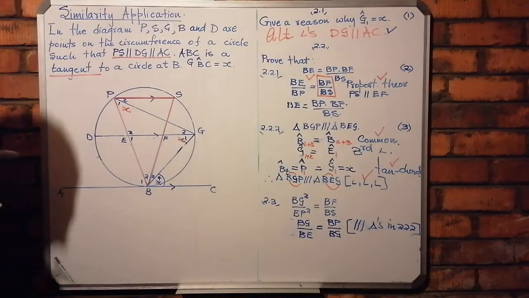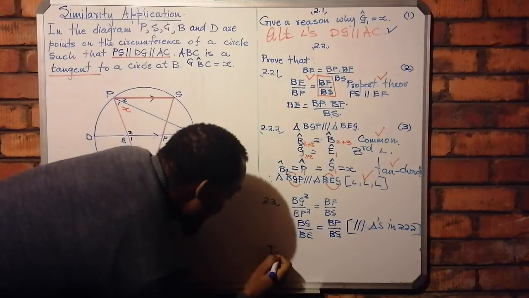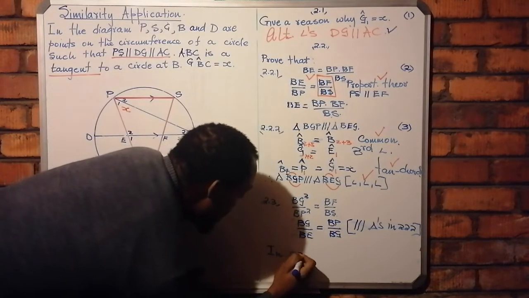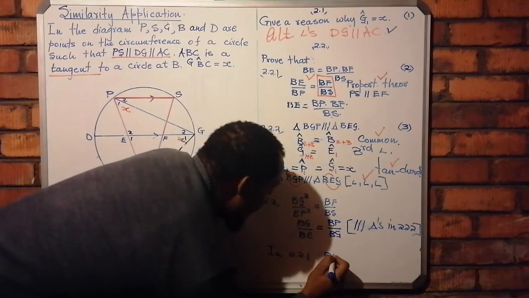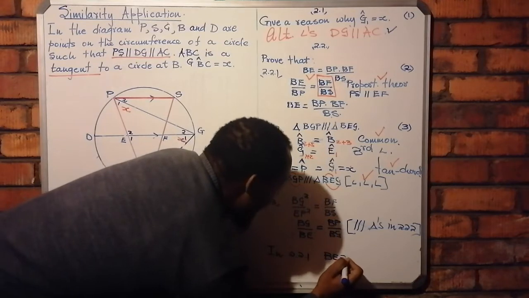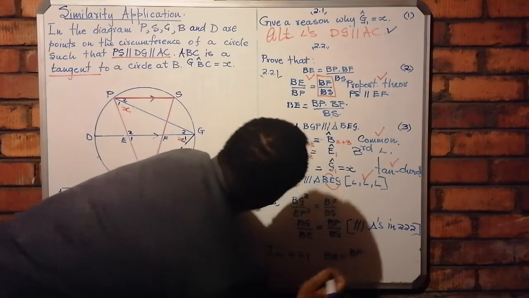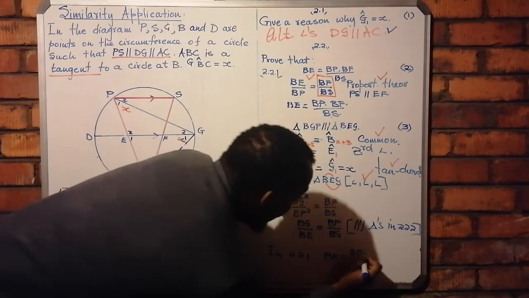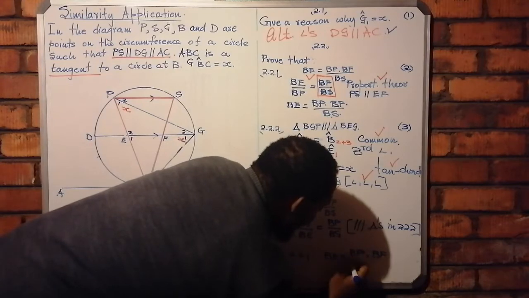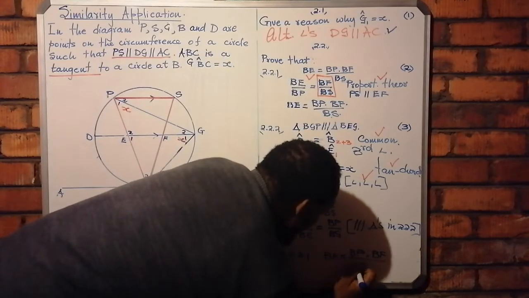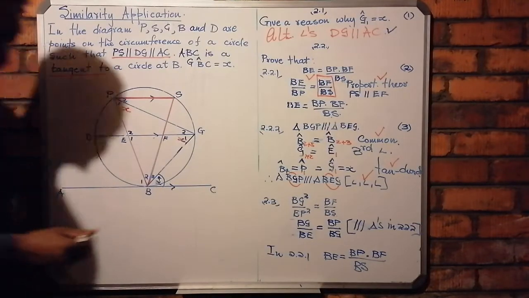Okay? But now, remember that in 2.2.1, we said BE was equals to BP times BF divided by BS. Remember that we once said that.